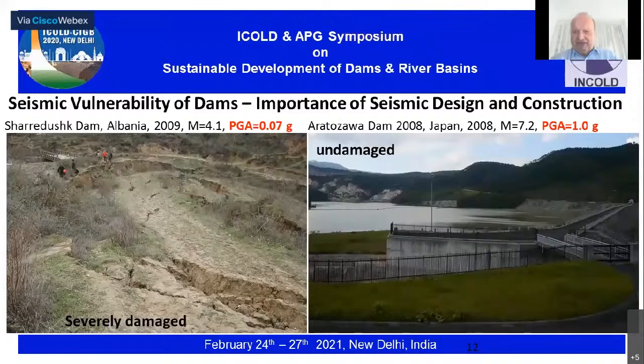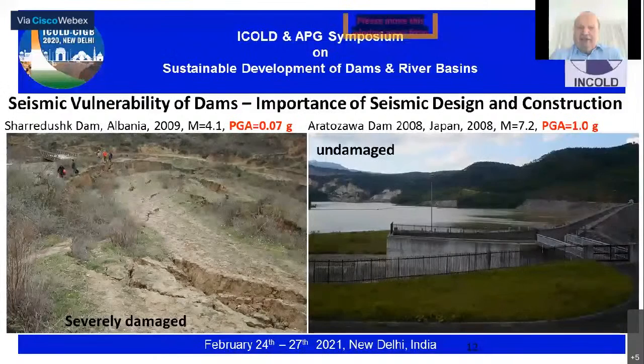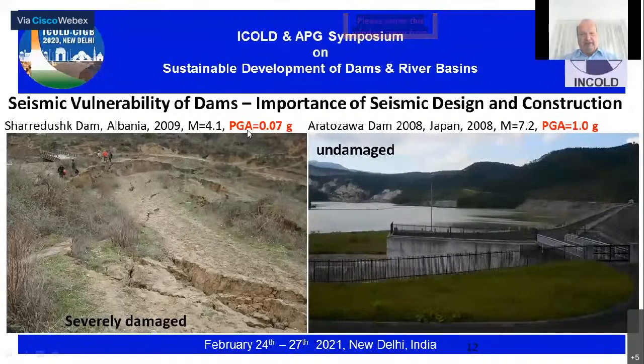Now, if you look into the seismic vulnerability of dams, I would say this is the most important factor to be considered if we think about the probability of failure. I would like to show here on the left the failure of Sarajevsk Dam in Albania, which in 2009 was subjected to a magnitude 4.1 earthquake, resulting in a PGA of 0.07g. And as you see here, the dam was severely damaged. The reservoir was not released.